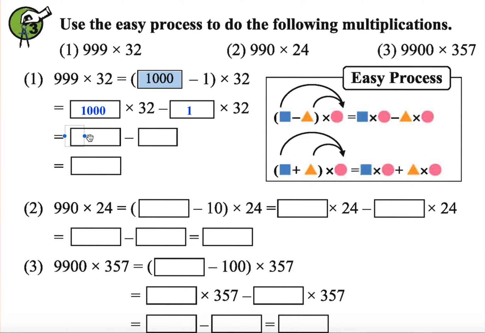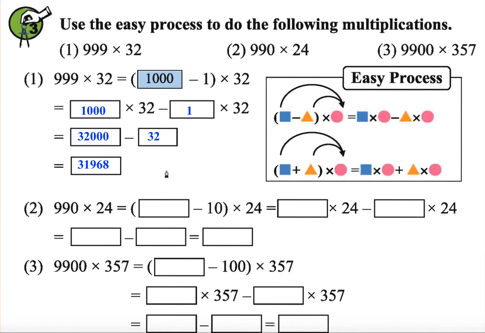This is 32,000. Okay, what about this? 32. Now subtract 32 from 32,000. What will it be? 10 minus 2 is 8. 9 minus 3 is 6. The third digit will be 9. This digit will be 1. First digit will be 9. 31968. Okay.